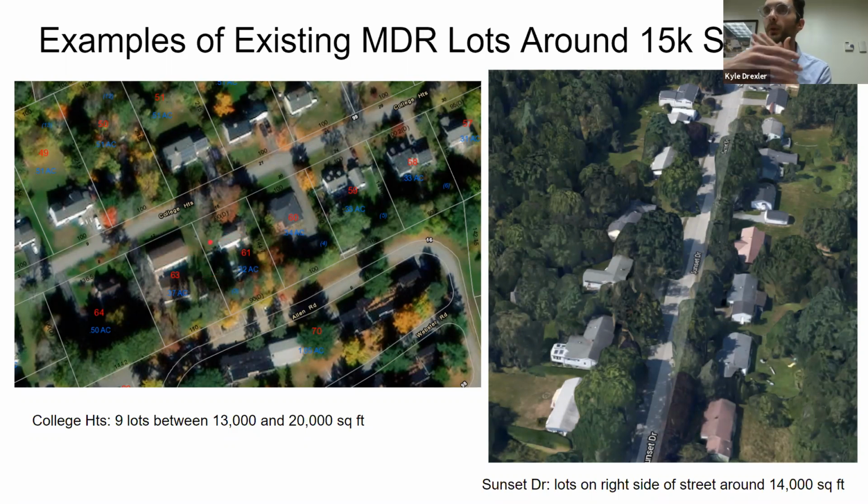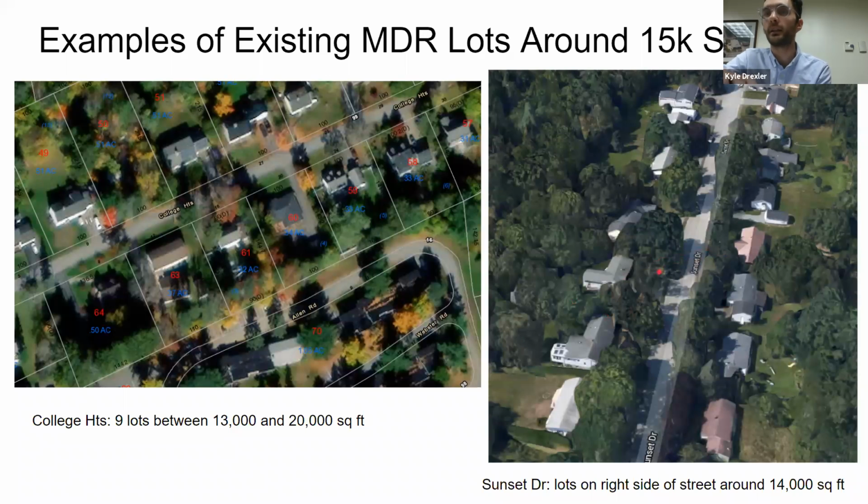So all those reasons that we talked about at the beginning for having minimum lot size requirements, the advantages of doing that are still in place. You're still able to achieve those benefits at a 15,000 square foot minimum lot size versus our current standard.